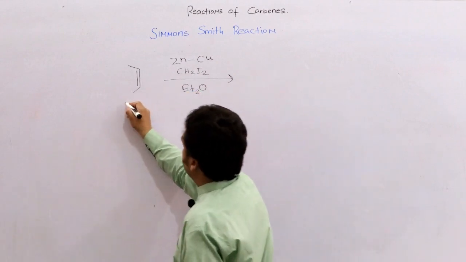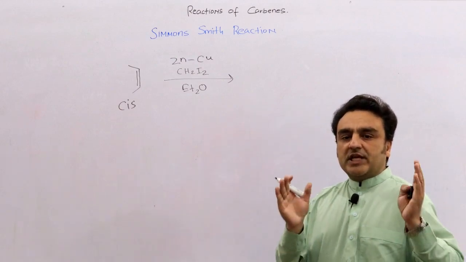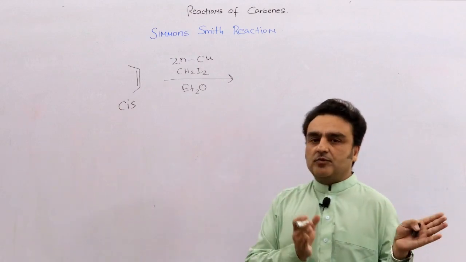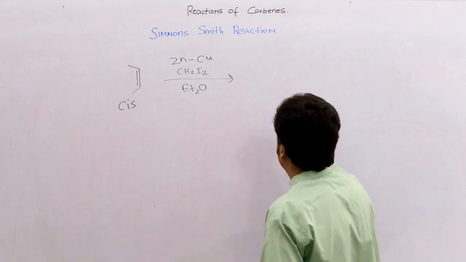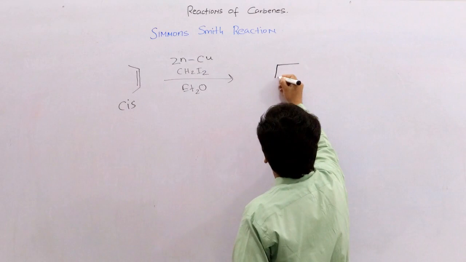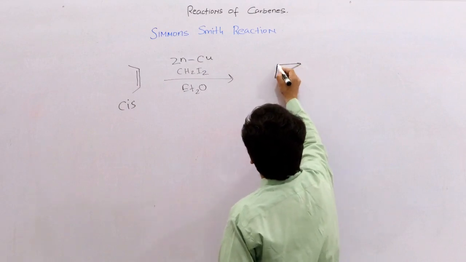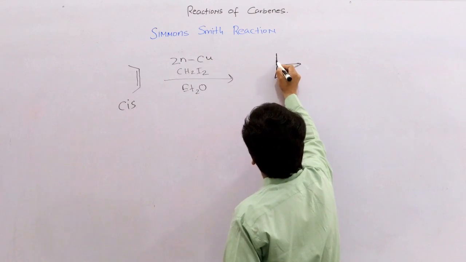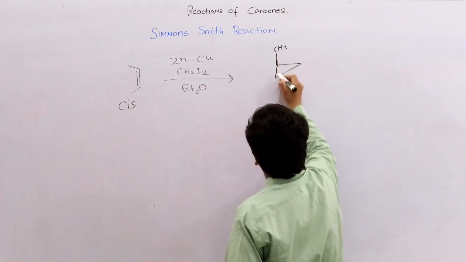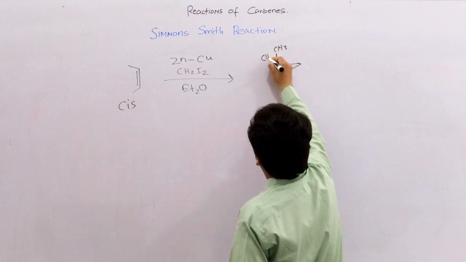As this is a cis-alkene, it will produce a cis cyclopropane ring, in which the methyls will be cis to each other. So we can draw it like this. This is our cyclopropane. This is one methyl, CH3 up, and this is the other methyl, CH3 up.